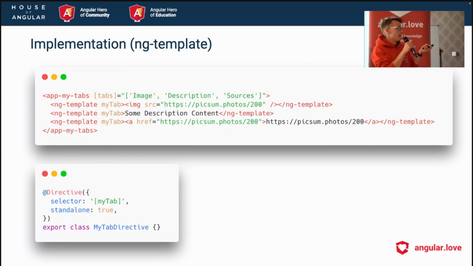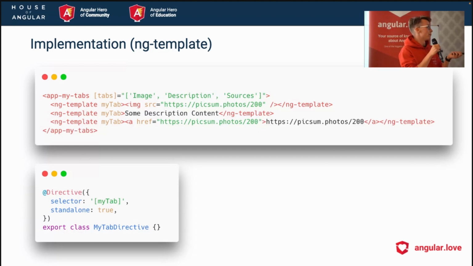Each ng-template has different content, and the content corresponds to the tab. For example, the first one is the image, the second one is just some text with a description, and the third one is the anchor to the source of the image.